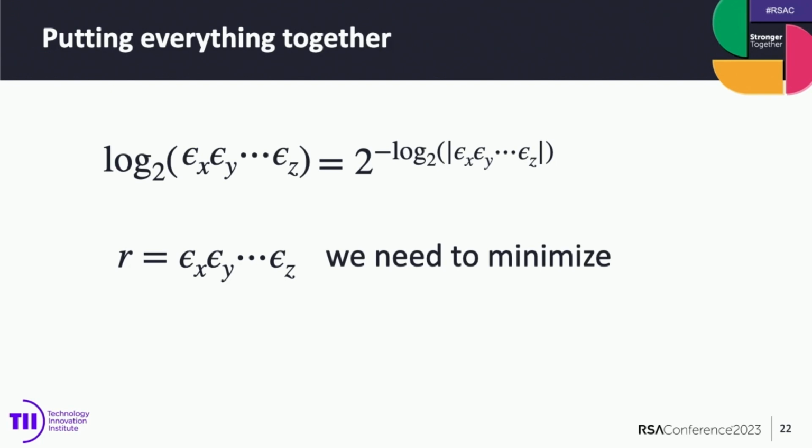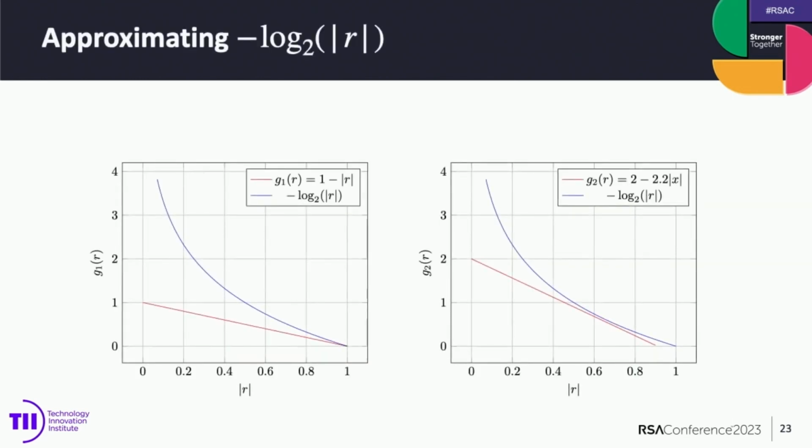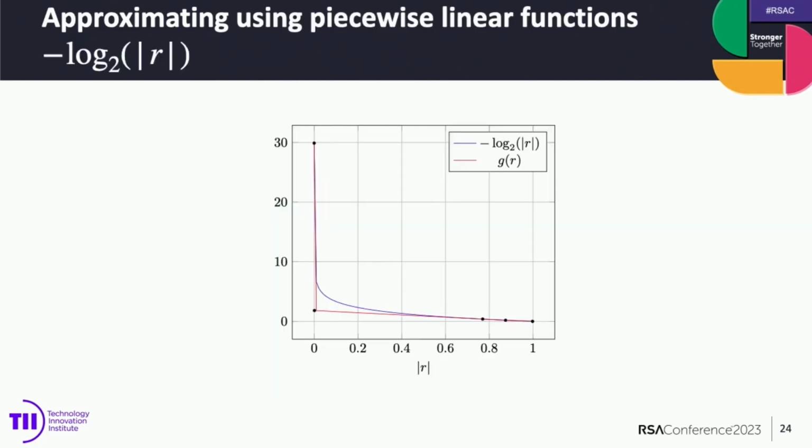So we need to minimize this function, because if we want a good differential-linear distinguisher, we need a small exponent. Then, in the paper, we present some ways to approximate this log function by using some piecewise linear approximations. And why?